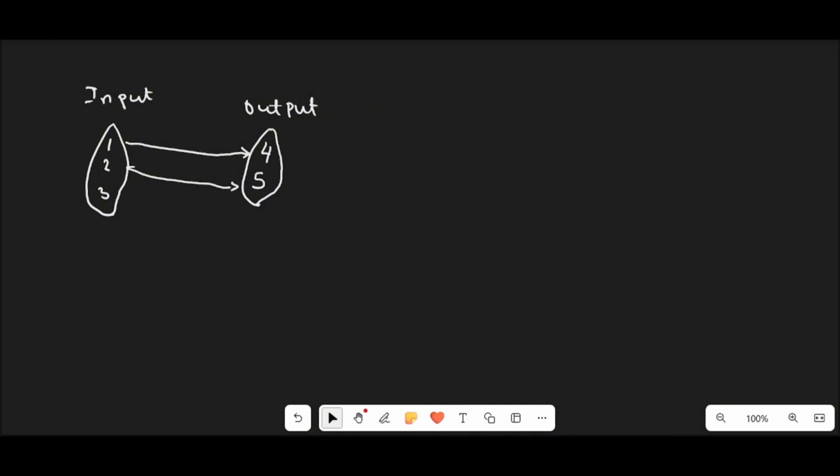This also is not a function because according to our definition, every input is mapped with an output. But in this case, we have an input that is not mapped with any output. So this also is not a function.